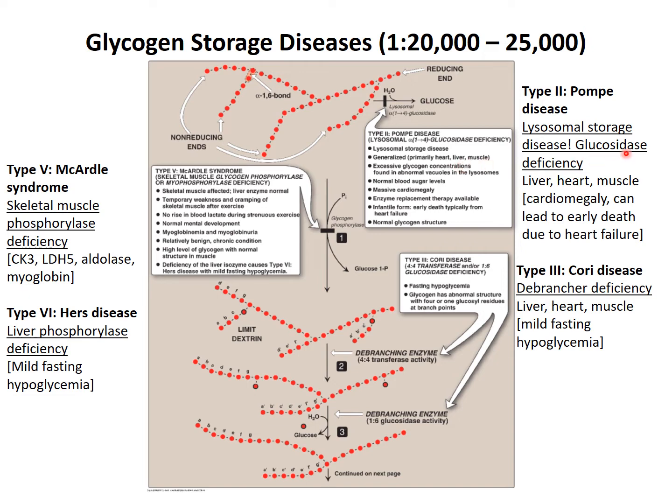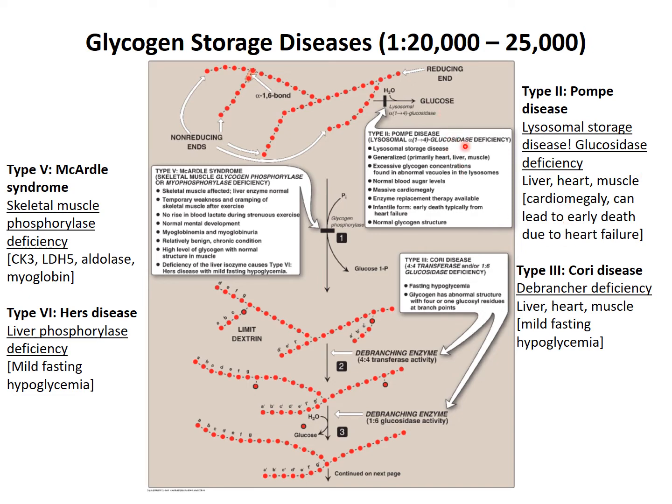There is a glucosidase, a hydrolase enzyme there, which works in an acidic pH. So if this glycogen cannot be degraded because this glucosidase enzyme is deficient, there will be serious consequences: liver, heart, muscle, cardiomegaly. It can even lead to early death.